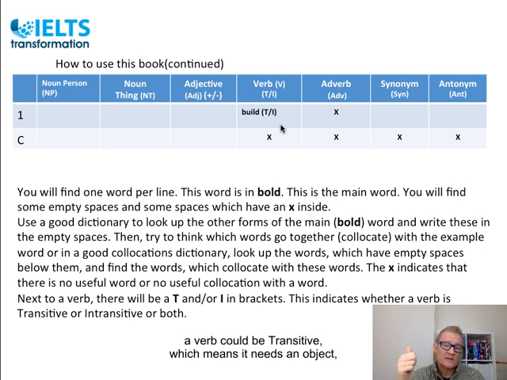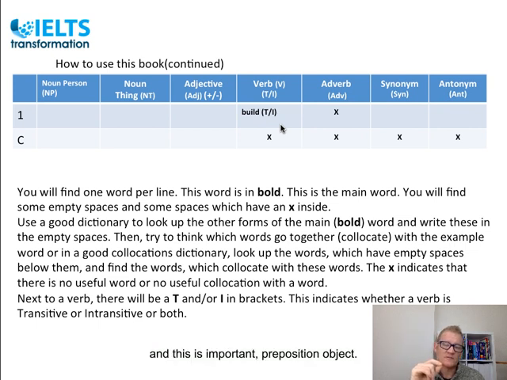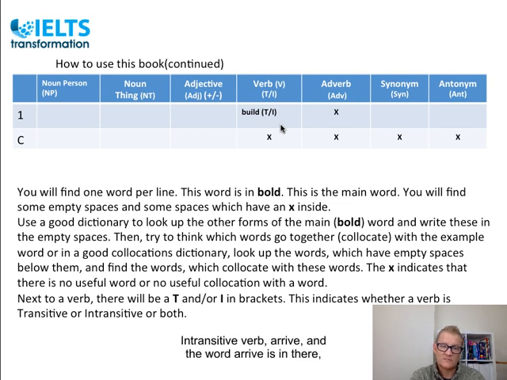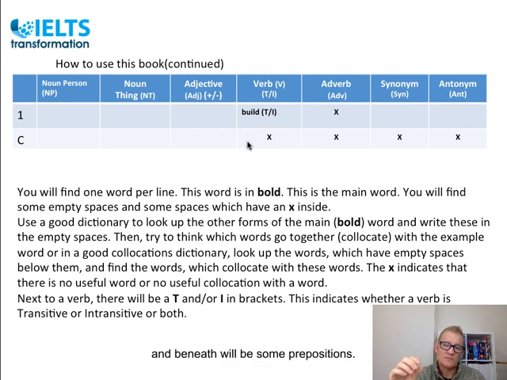A verb could be transitive, which means it needs an object, or it could be intransitive, which means no object, or, and this is important, preposition object. So if it's an intransitive verb, arrive, and the word arrive is in there, then beneath will be some prepositions. At. She arrived at the office. That would be the right collocation.